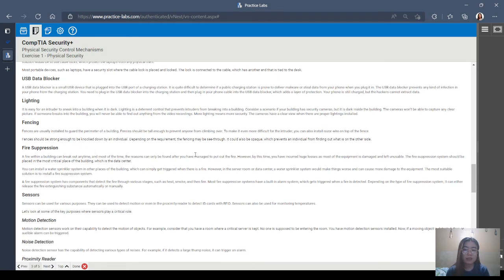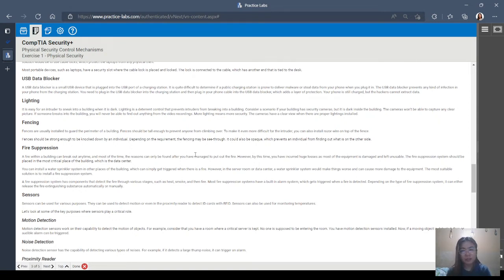You can install a water sprinkler system in the other places of the building, which simply gets triggered when there is a fire. However, in the server room or data center, the water sprinkler system would make things worse and can cause more damage to the equipment. The most suitable solution is to install a fire suppression system.